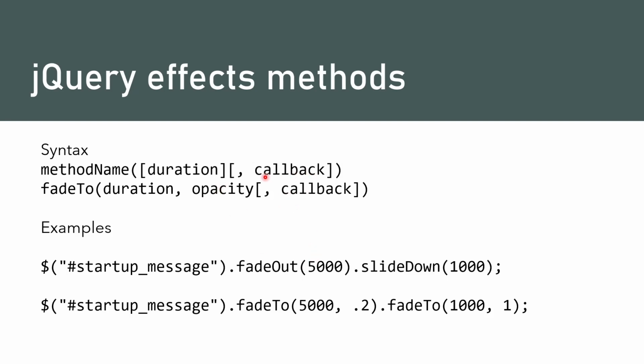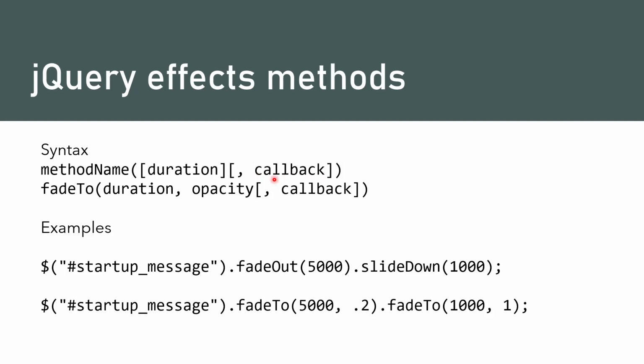So instead of getting an element, doing the fade out effect on it, and potentially passing in the slide down method as a callback function, because we would have to select this over again in that case, we can instead just chain them together. So this will get this element, make it fade out over 5 seconds, and then this second method won't start until this one is done.